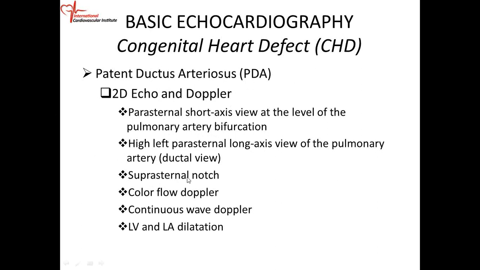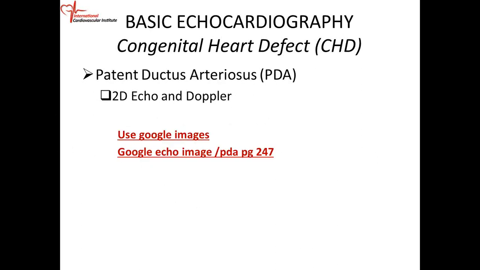So suprasternal notch view is a good view. You're going to do your color flow because that's going to show you the flow. Continuous wave Doppler because you want to measure gradients, and again, PDA is going to give you LV and LA dilatation, just like your VSD.